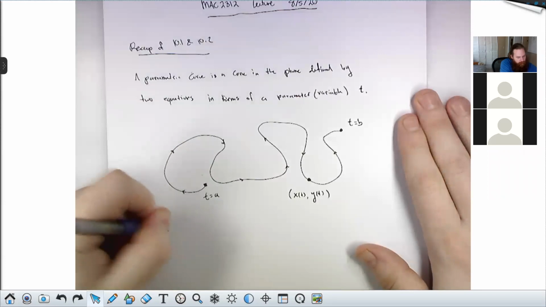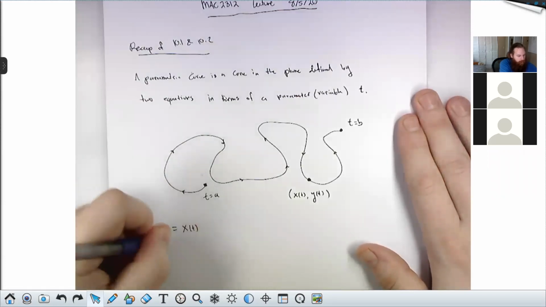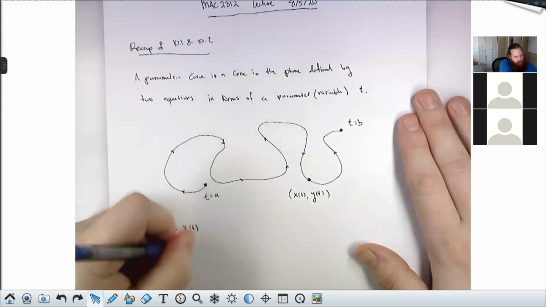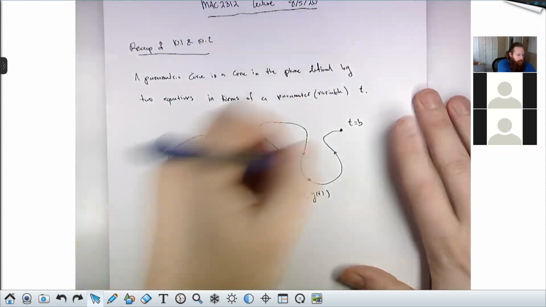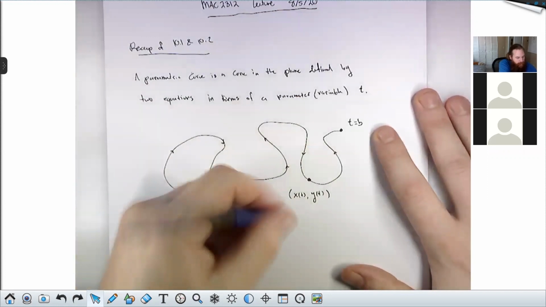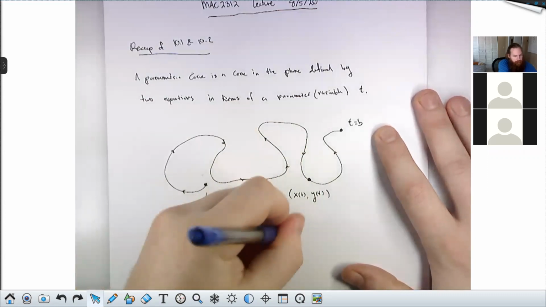You've got a function for x, called x of t, and a function for y, called y of t. And then you're also given some domain that t can run over. So here a is less than t is less than b.